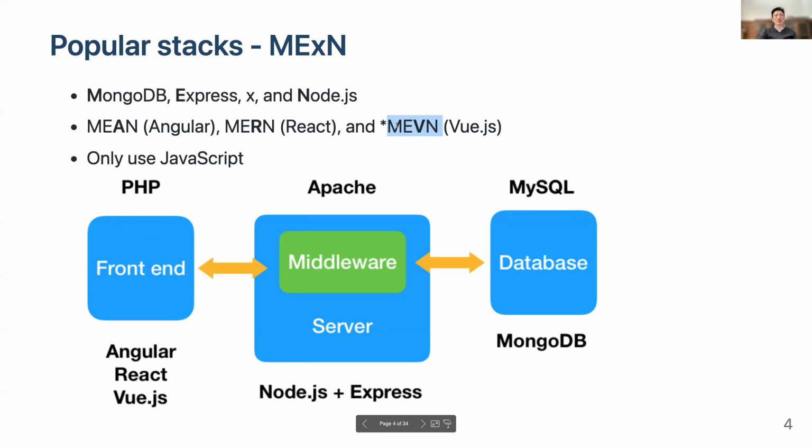Whereas if you use MEVN, the front end uses Vue, which is JavaScript, and Node.js and Express are both JavaScript. And MongoDB is really designed to support JSON objects, so it's very friendly to JavaScript. In that sense, that's an advantage. So you don't have to learn different languages to use the whole stack.